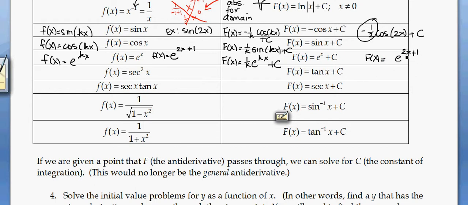But when we do a chain rule on this, the derivative of 2x would be 2. So the derivative of this thing would have a times 2 out front, which we don't have. So we can undo that by putting a 1/2 out front. So the antiderivative would be 1/2 times e to the 2x plus 1 plus our constant.